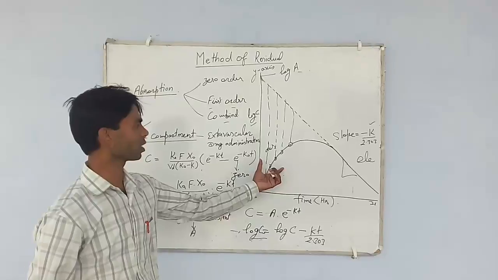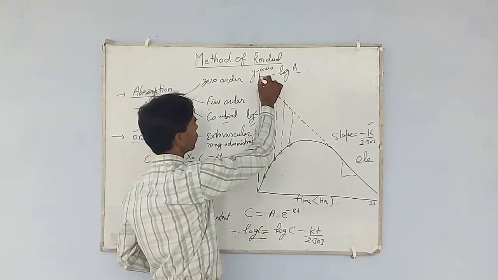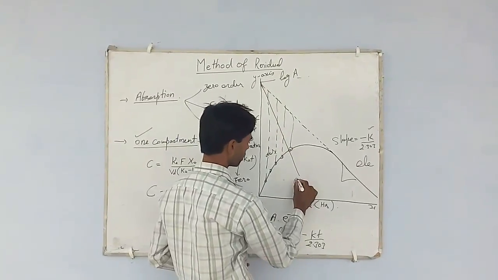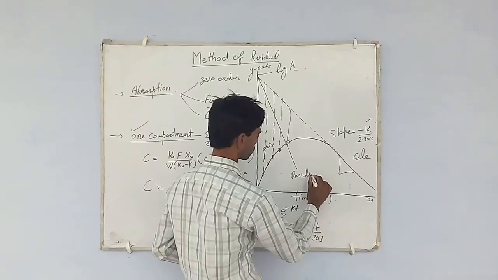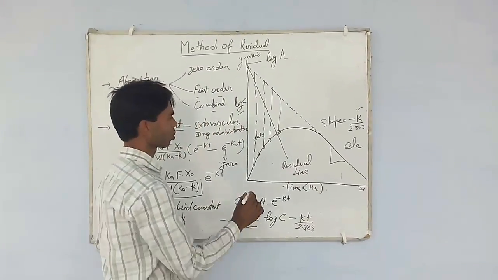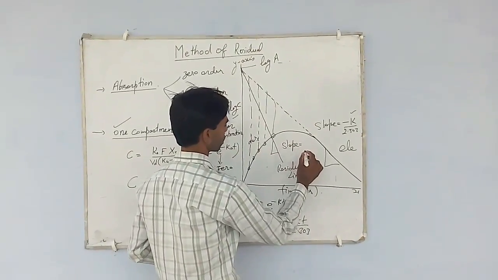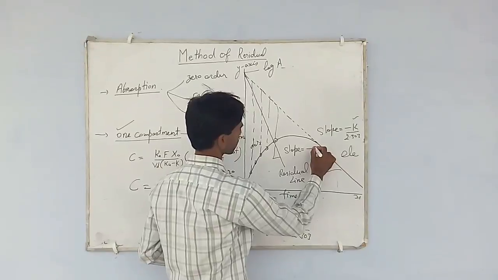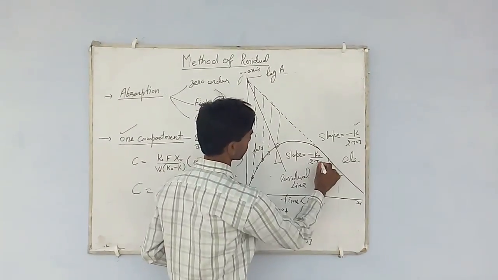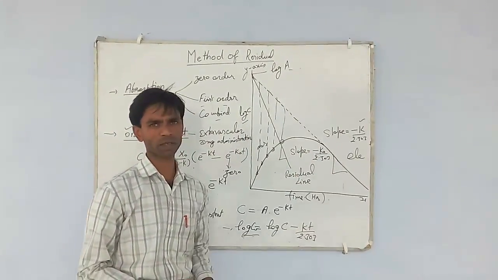The difference between the actual absorption data and the extrapolated data is used to draw a residual line. From the residual line, we determine the slope, which is equal to minus Ka divided by 2.303. From this slope, we determine the absorption rate constant.